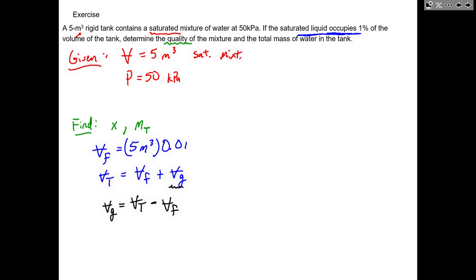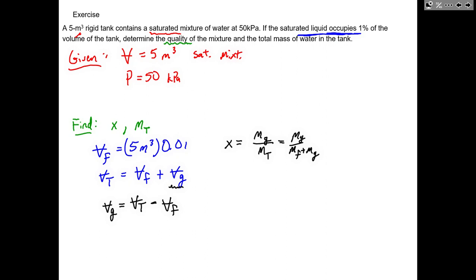And what I'm actually thinking about is for my quality, remember that quality is the mass of the vapor over mass total, so my fluid and my vapor.